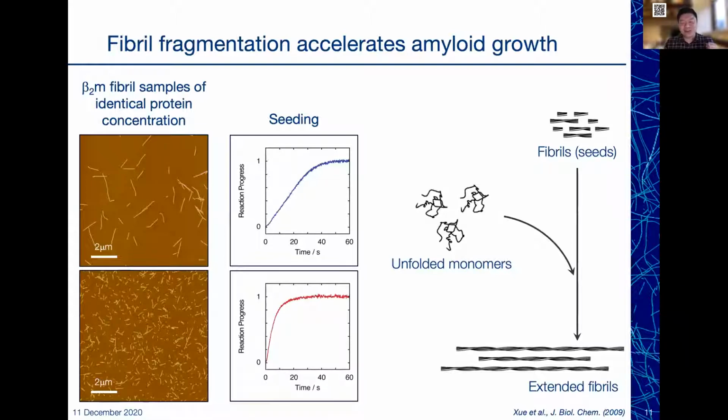If you have exactly the same amount of protein in mass, but your filaments are of different size, then if you have smaller filaments, you can have more of them with the same amount. Because each fragment can seed on its own, the smaller the filaments, the more of them you have, and the faster the seeding process will proceed.